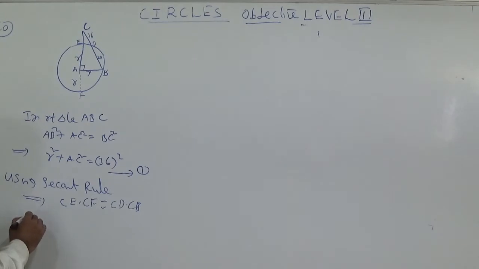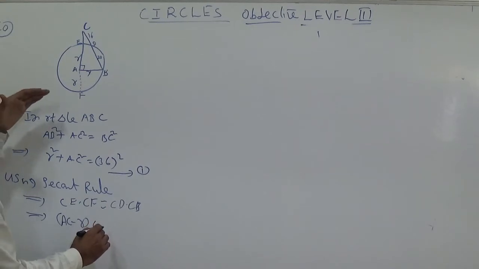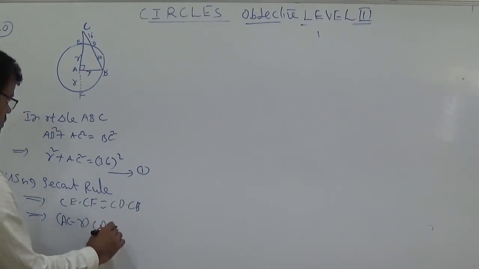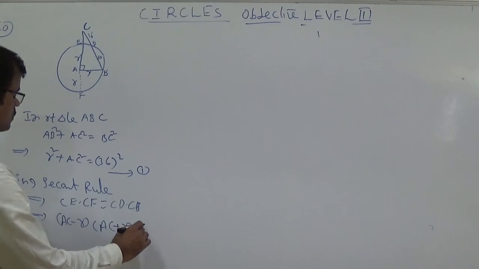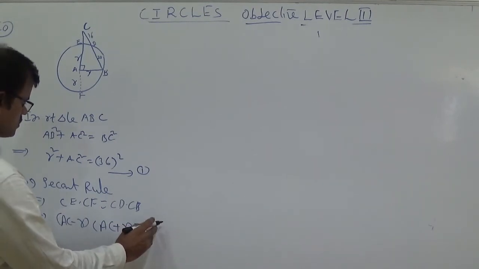What is CE? CE is AC minus R. CF you can write as AC plus R, which is equal to CD, that is CD full 36.